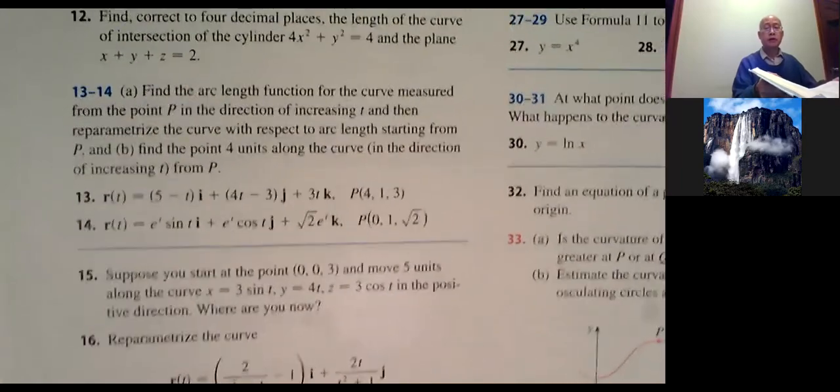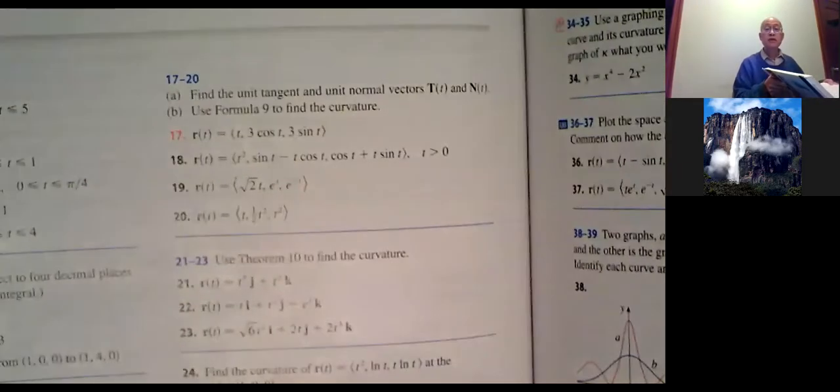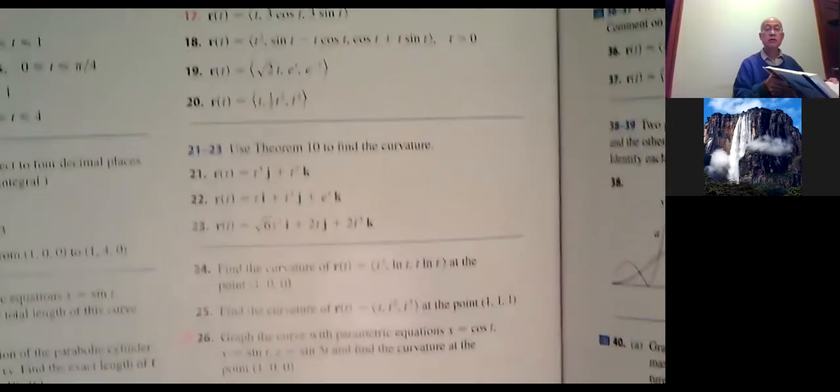Reparameterized with respect to arc length. That's one problem involving that, more complicated than what I was talking about. Find unit tangent and normal.